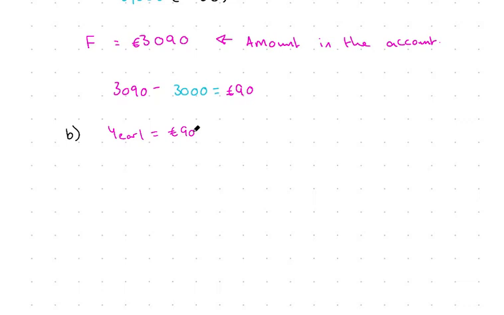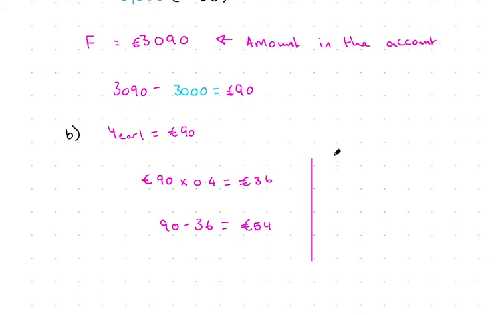Now, there's 2 ways I can think about this. I can multiply it by 0.4 to get my 40%. So I'm going to get 90 times 0.4, which gives me 36 euro. So I'm going to subtract 36 from 90 because I have to take away the 40%. So I'm going to get 90 minus 36.